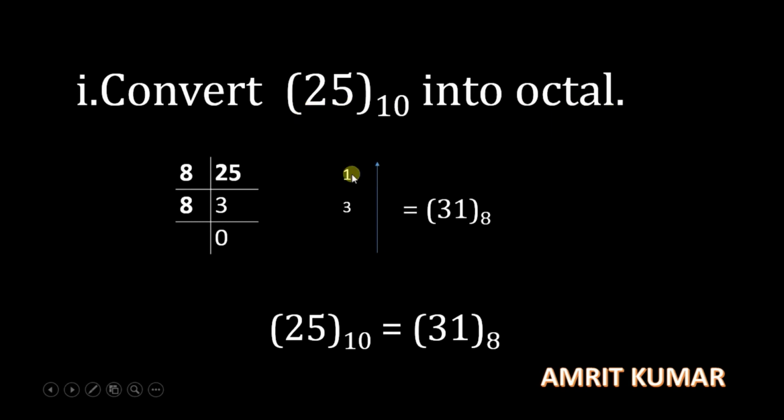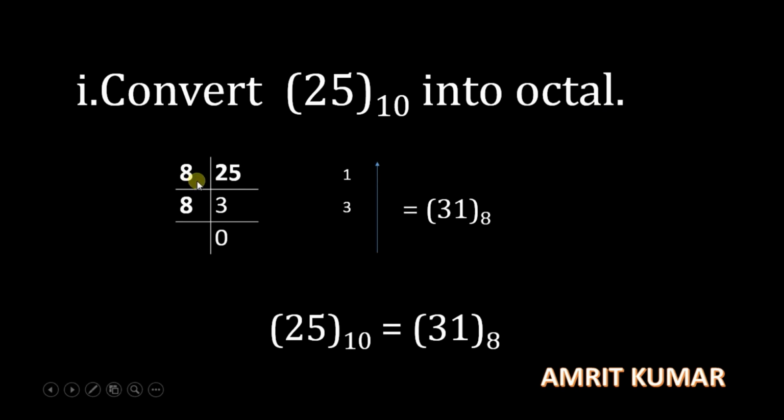Here you are seeing that we have a decimal number, and we have to convert it into an octal number. The rule is that you have to divide the decimal number by the base of the octal number, and we know that the base of the octal number is 8.